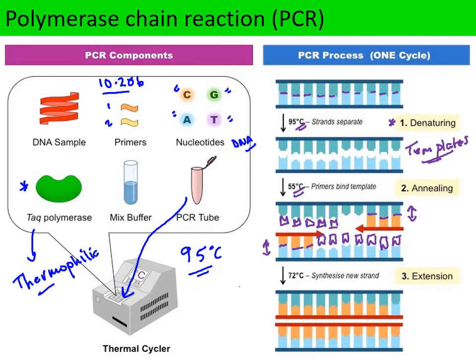So these DNA nucleotides align next to the complementary base, and the Taq DNA polymerase at 72 degrees C allows extension. So the DNA nucleotides that have aligned next to the exposed bases on the template strands are joined together by the DNA polymerase, and it forms the sugar phosphate backbone of the brand new strand of DNA.